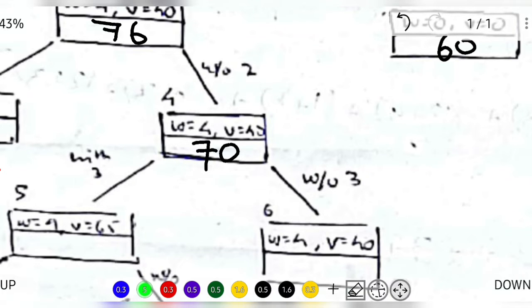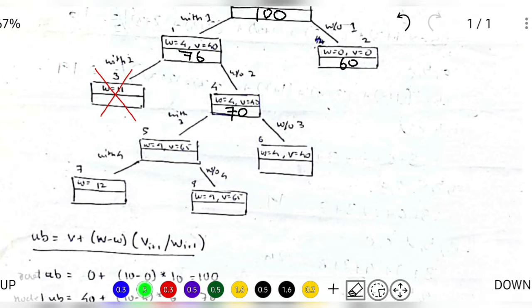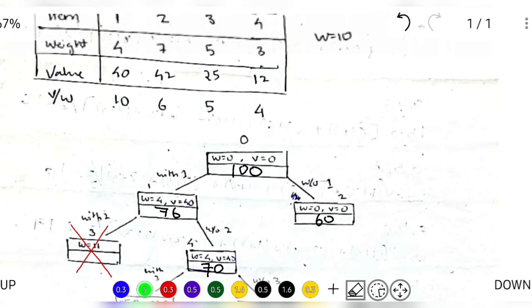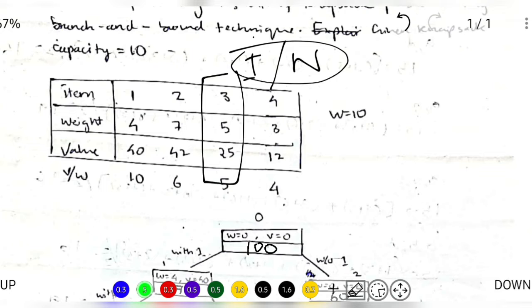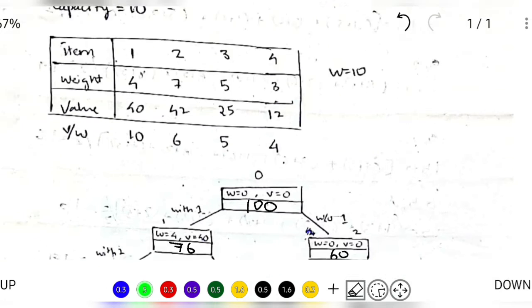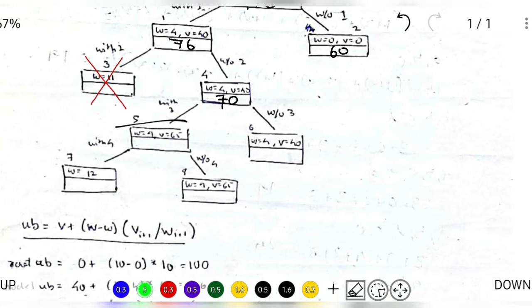Then we have only one possibility now. This is excluded, so we'll be expanding this one. Now the task is for object 3. Now object 3 we can include or not include. Two possibilities are there. We'll be drawing here two possibilities, either including object 3 or not including object 3.